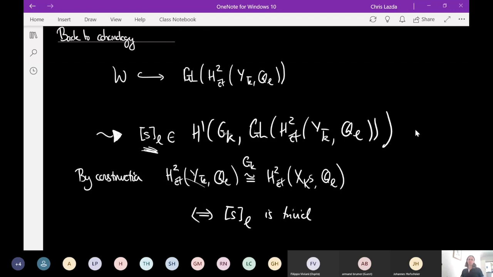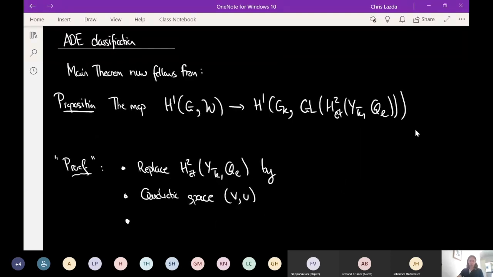So now to prove the main theorem, what we need to show is that the map we have in non-abelian cohomology has trivial kernel. It's worth mentioning that because both the Weil group and this general linear group are non-abelian Galois modules, these cohomology sets really are just pointed sets.